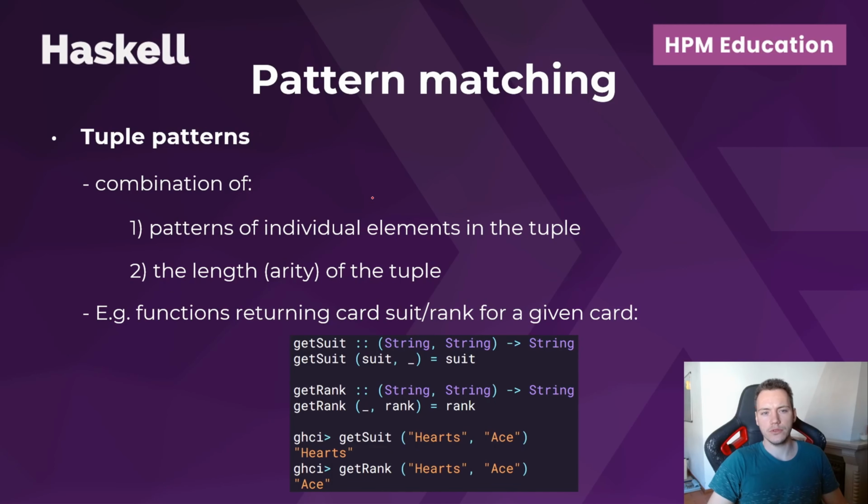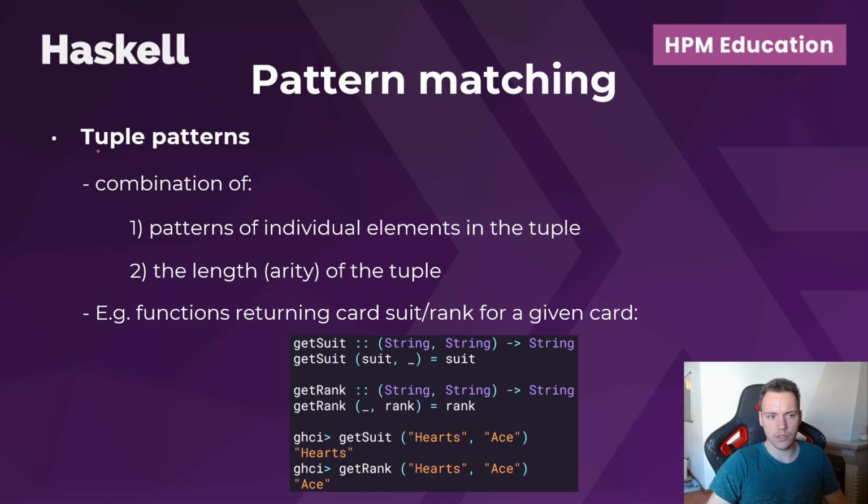That was an example using patterns of mostly direct values, except for the wildcard character, to use pattern matching. But when we start working with tuples and lists, the data structures, then pattern matching can be much more useful. So we'll start here with tuples, and tuple patterns are a combination of 2 things.